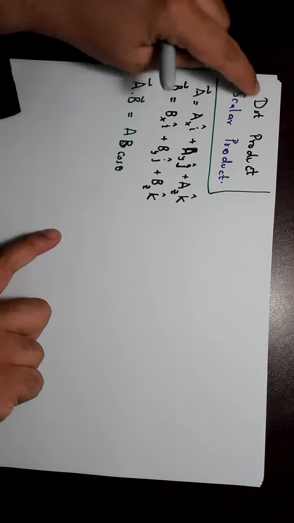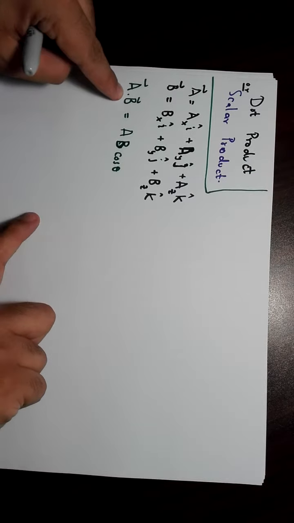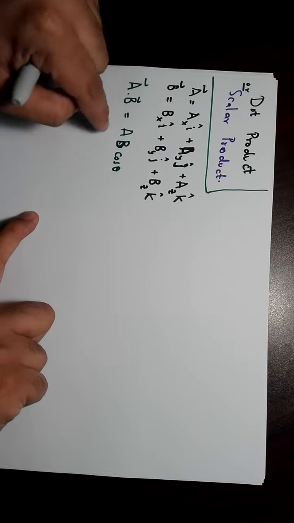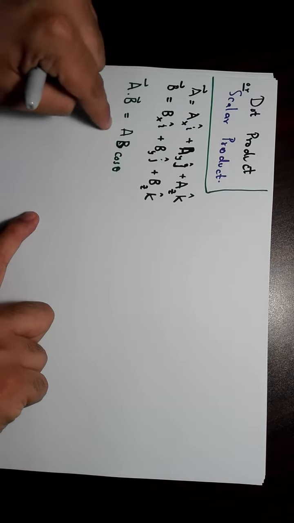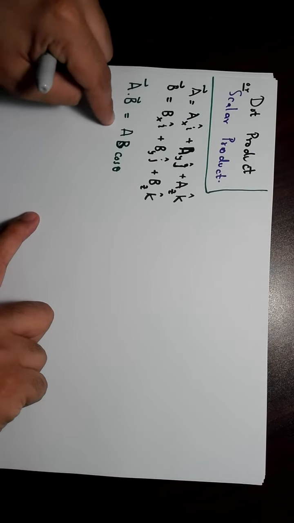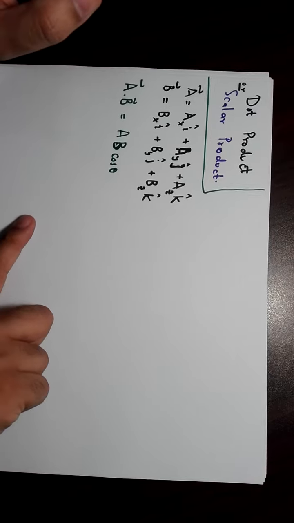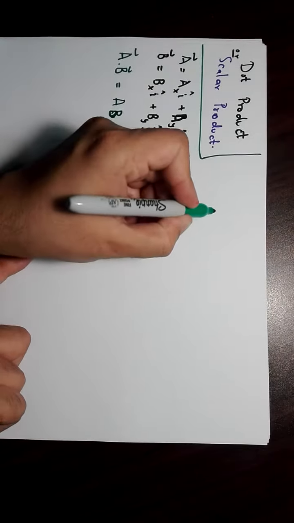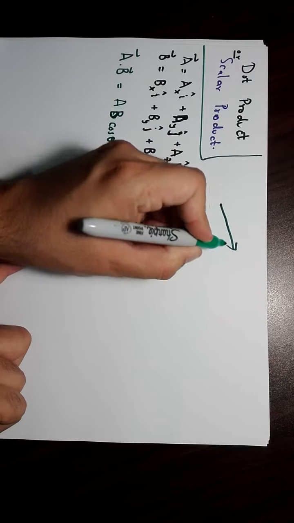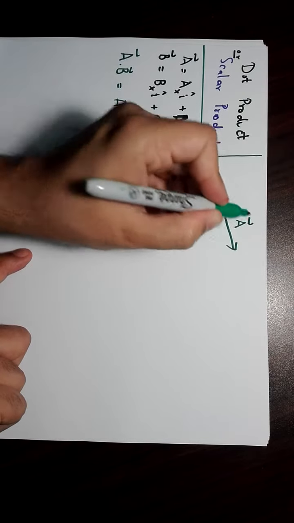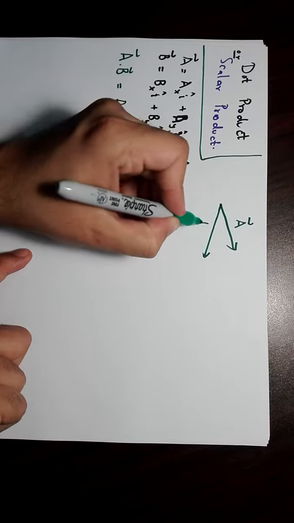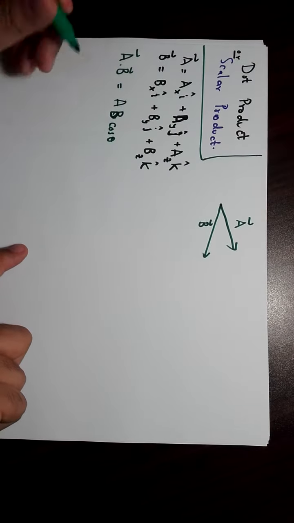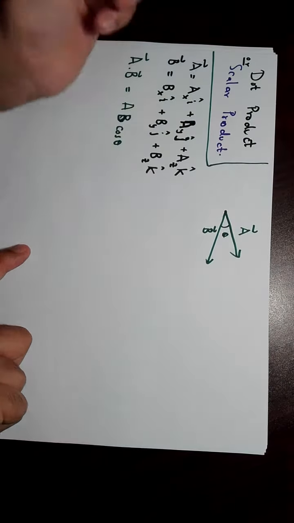It's called the dot product because you have this dot over here. It's called the scalar product because you get a scalar as an answer. The answer does not give you any sense of direction. It's just a number. Theta is the angle between the two vectors. Let's say this is your vector A and this is your vector B. So theta is the angle between those two vectors.